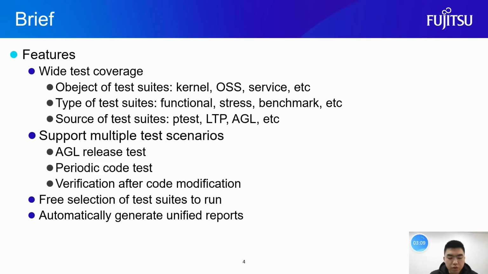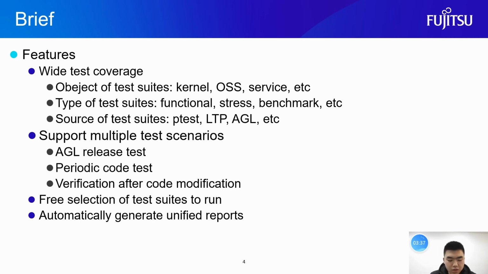Based on what we talked about, AGL Extend Test has the following features. First, the supported test suites have wide test coverage. From the aspect of the test object, it is covered for Linux kernel, open source packages, services, and so on.